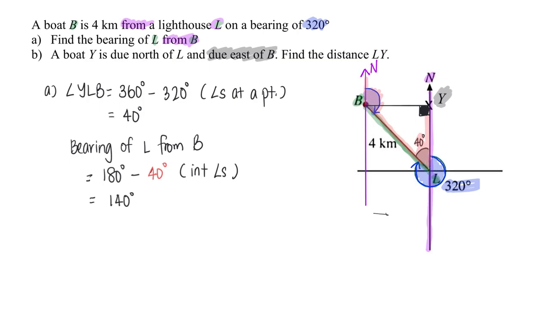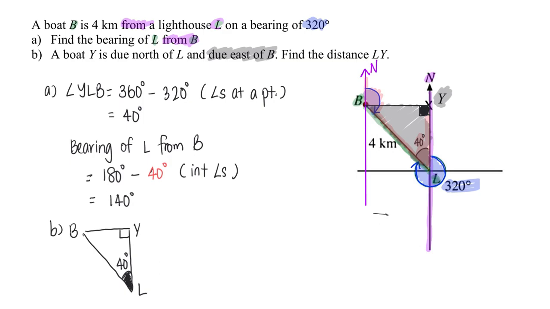And then I see a right angle triangle. Yes? So this triangle BYL, I'm going to just do a rough sketch here. It's a right angle triangle, 40 degrees here.